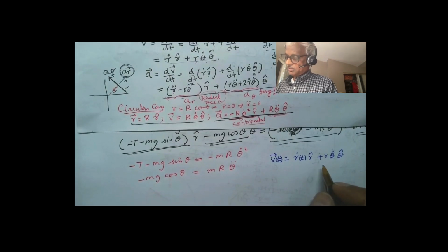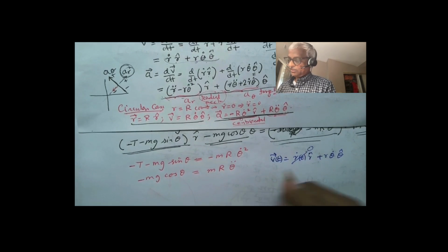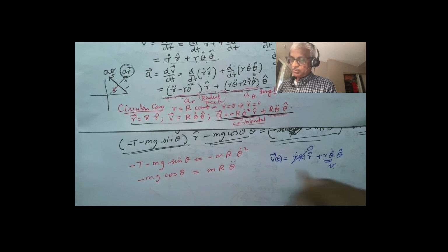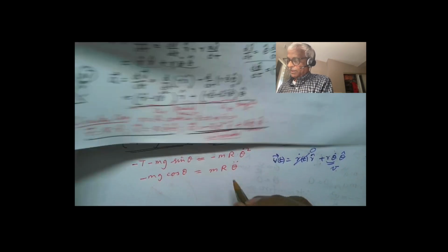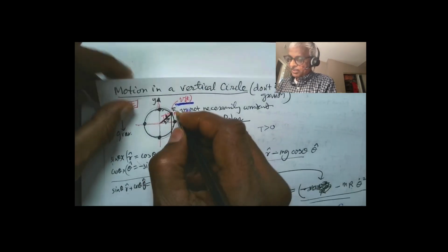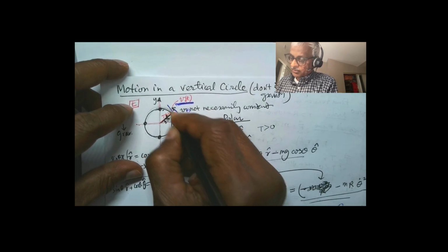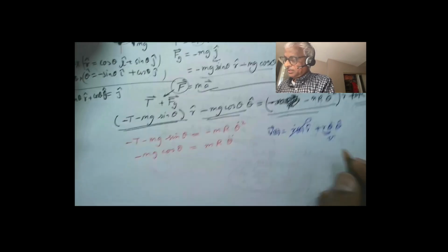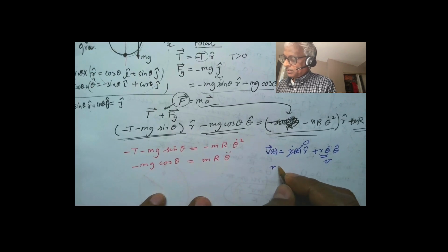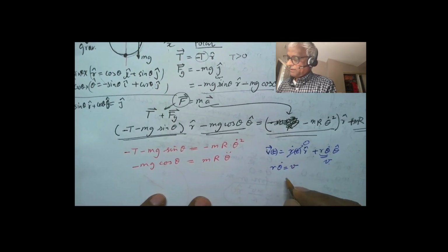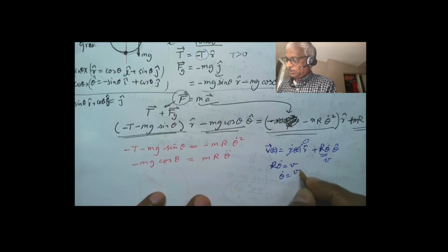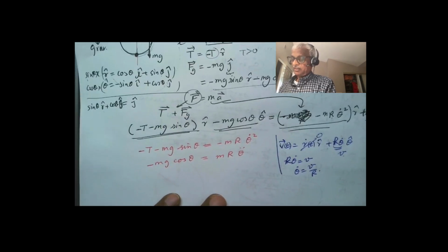At that instant this is 0 because the radius is not changing, so this is what the v is in this situation. The v is how fast it's going in that direction, so that's the speed. So r theta dot equals v, and r is the radius, so theta dot is v over r in this case.